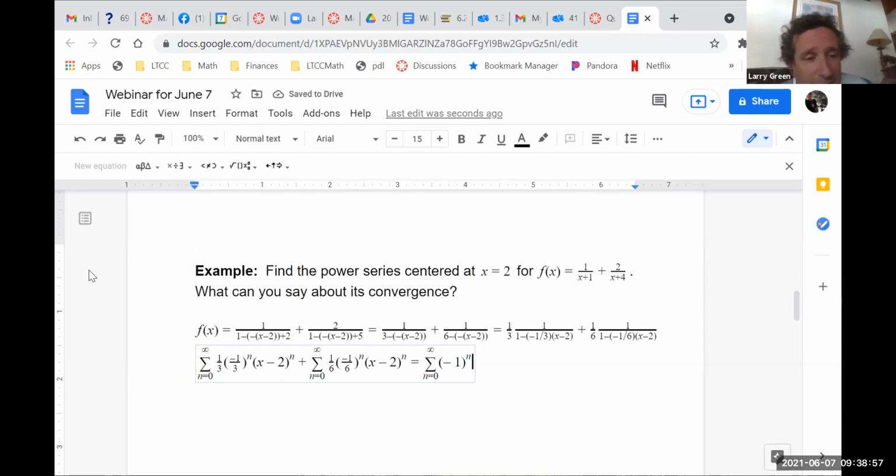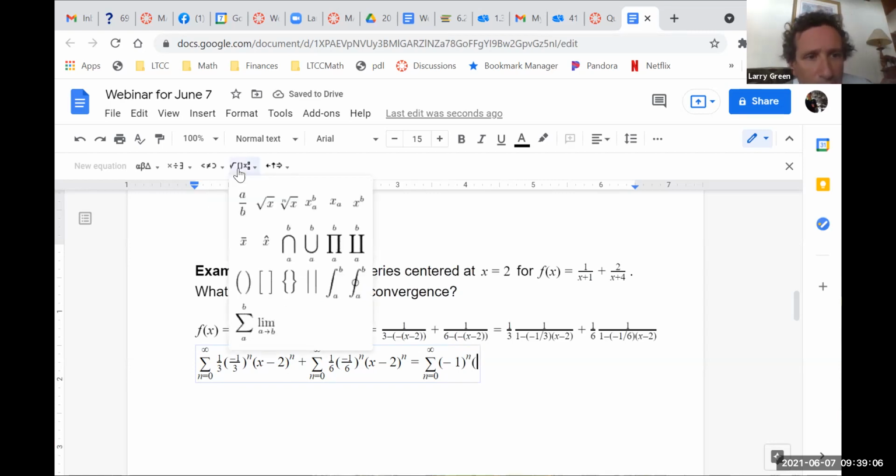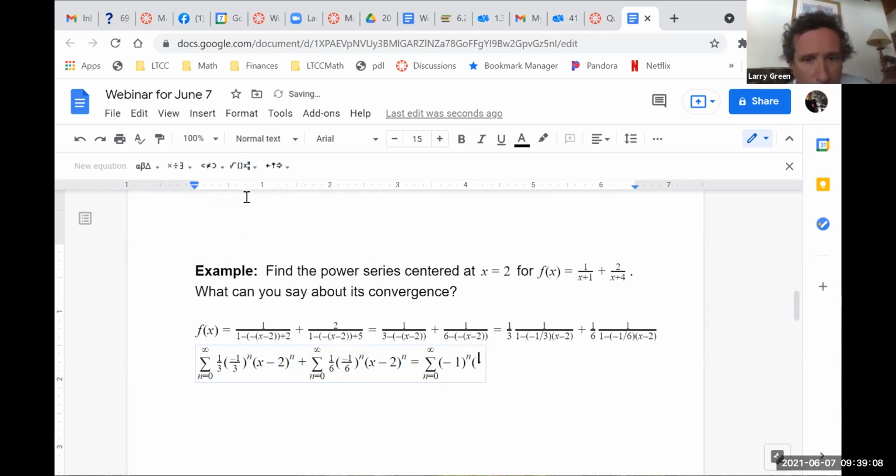And then notice 1/3 times 1/3 to the n is 1/3 to the n plus 1. So times 1/3 to the n plus 1.